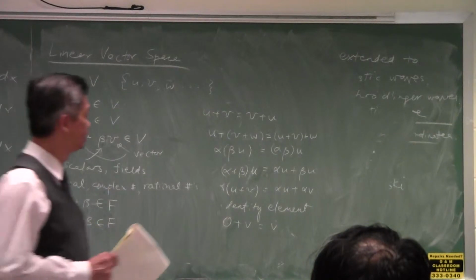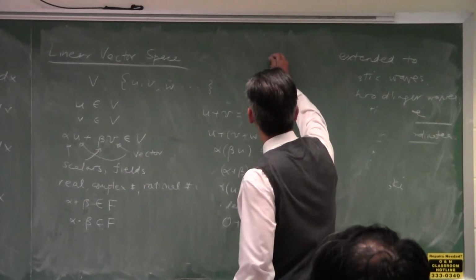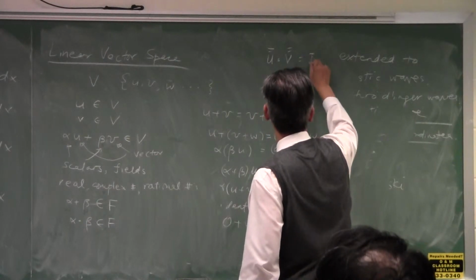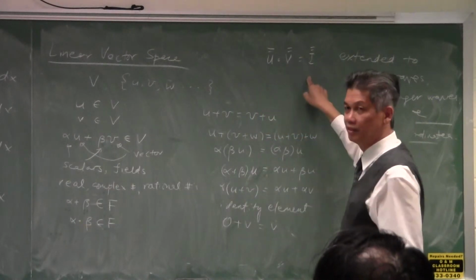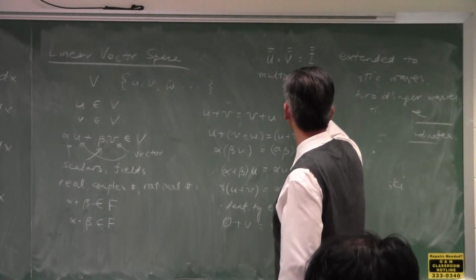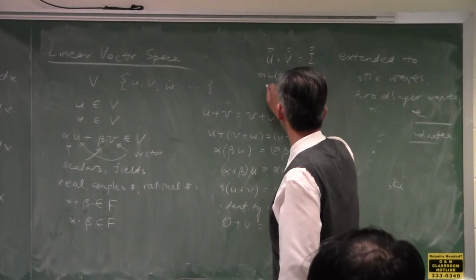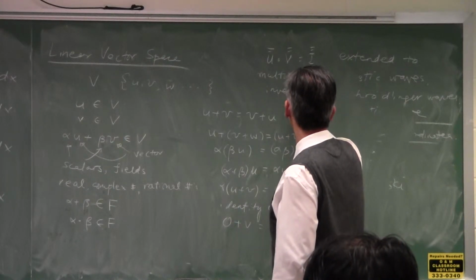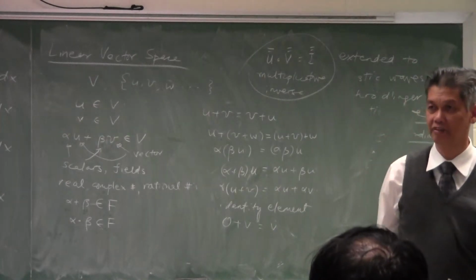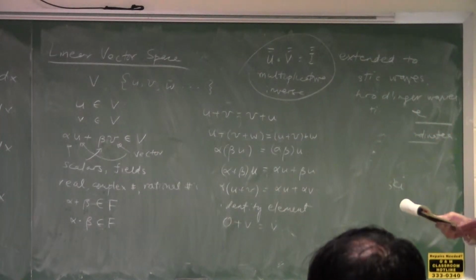If U and V had been matrices, then one could be multiplied by the other to give the identity. This is called the multiplicative inverse for matrices. Vectors don't have this property. This property is absent from vectors. Vectors cannot have a multiplicative inverse.